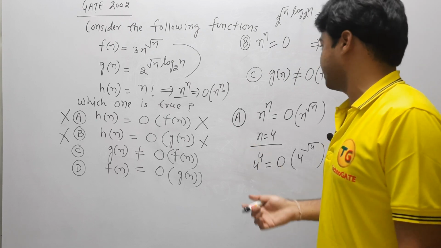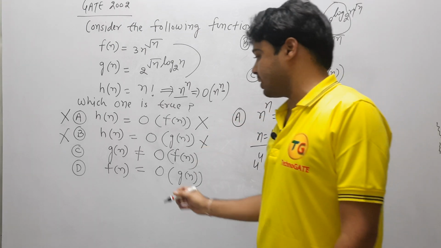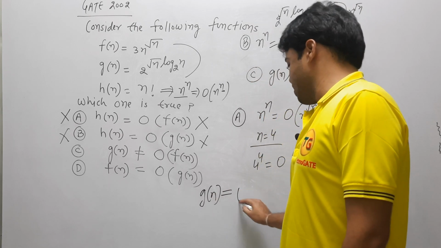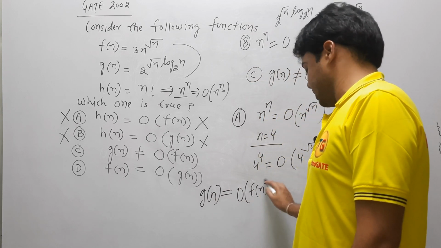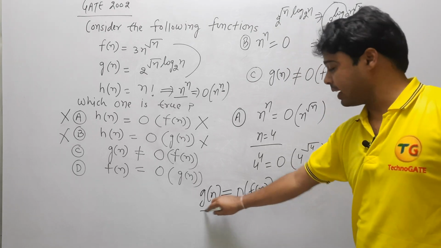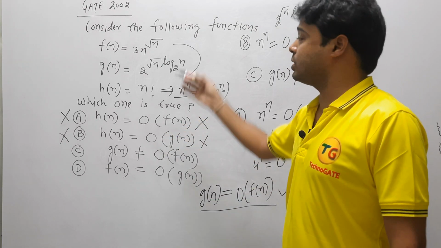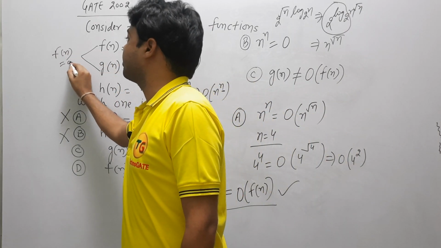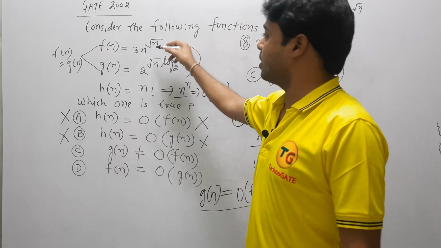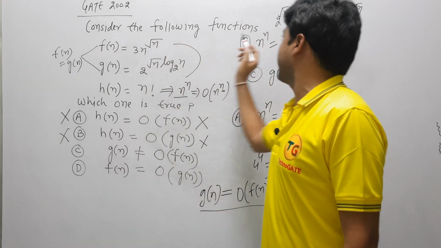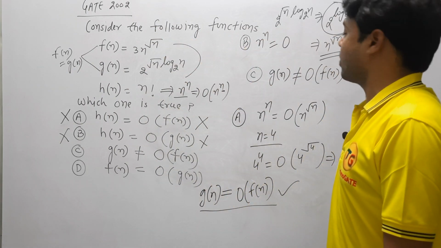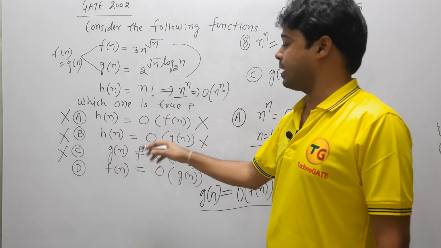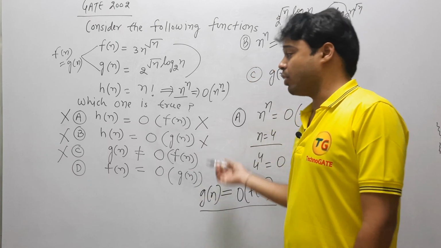So if it were given that g(n) equals big-O of f(n), then it is correct. But here it says not equal to, while g(n) and f(n) are both the same. So it is a false one, because it is given that g(n) does not equal big-O of f(n), but both are equal.